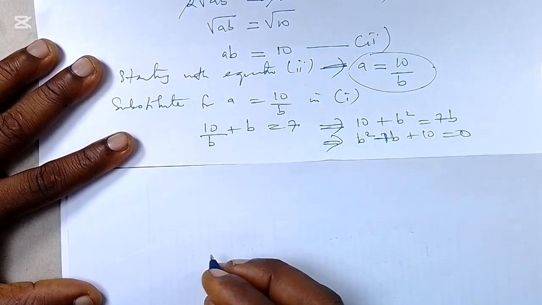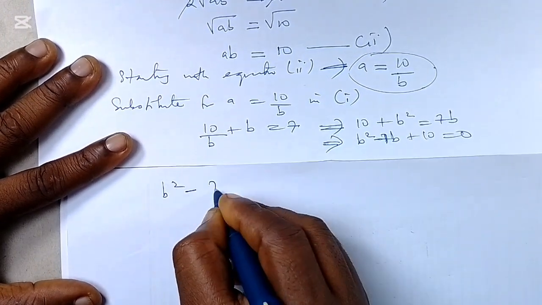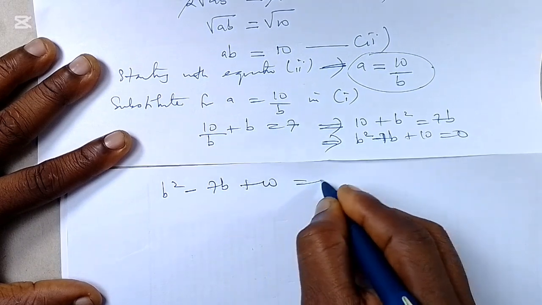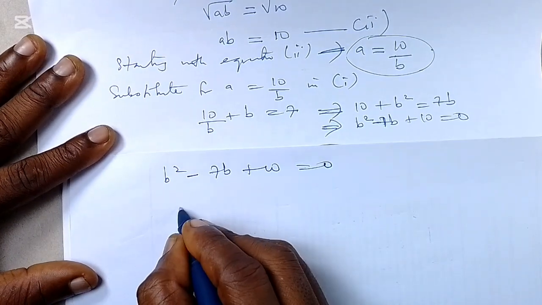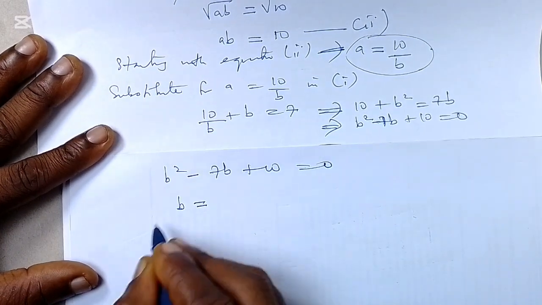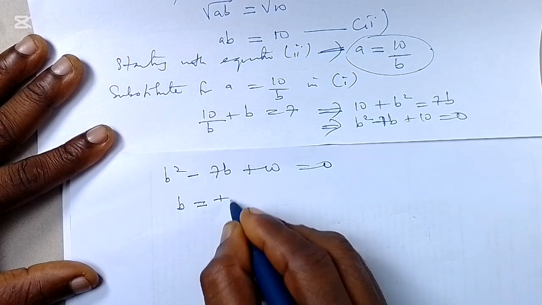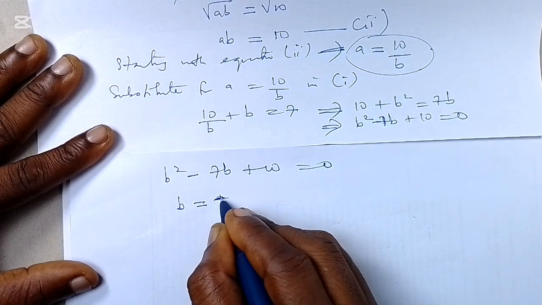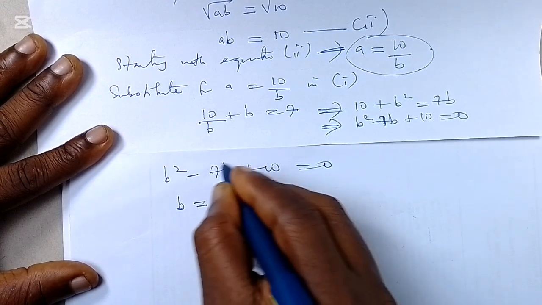The quadratic equation B squared minus 7B plus 10 equals 0 can be solved as follows using the quadratic formula. So my root B will be minus my coefficient of the linear term, which is minus 7.